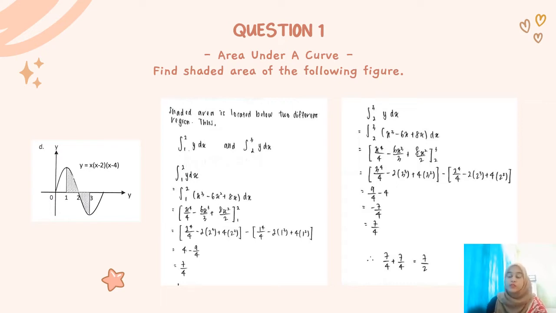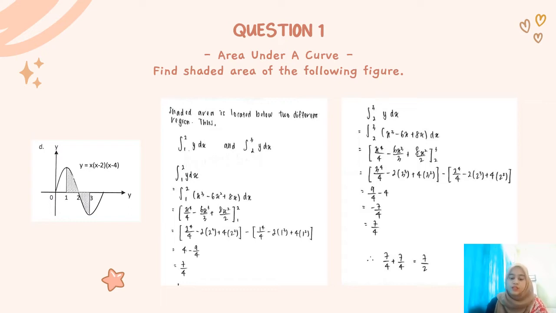Next, we move to the second shaded area. The calculations are the same as the first shaded area, which we have to settle the original equation first, x cubed minus 6x plus 8 dx.